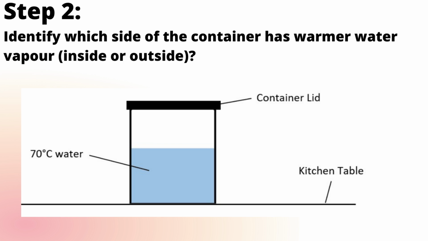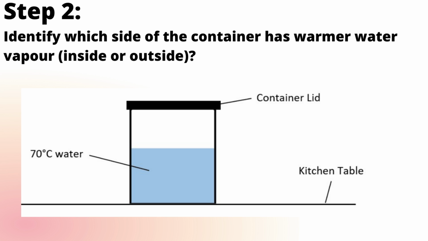On very warm days, it can even be 30 degrees, but it would not reach 70 degrees Celsius. So the water inside the container is a lot warmer than the room temperature outside.